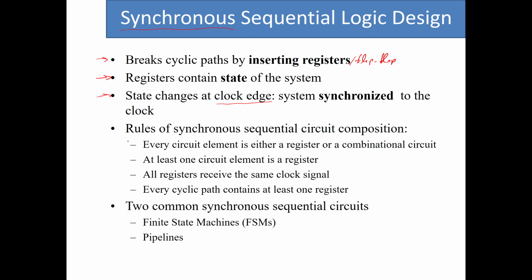So now let's go over the follow-up rules. The first says every circuit element is either a register in a sequential logic circuit or is a combinational circuit. This combinational circuit can be anything from a simple element, let's say one single gate, to a more complex combinational circuit.